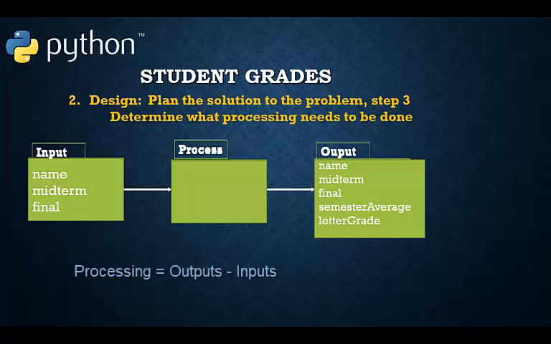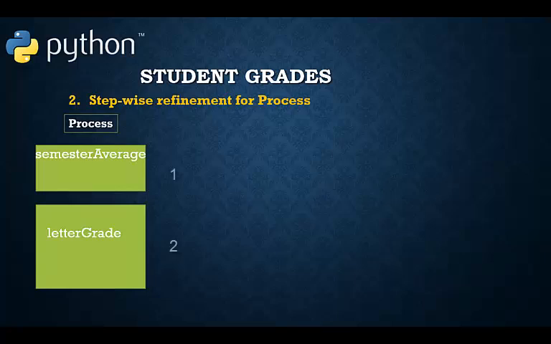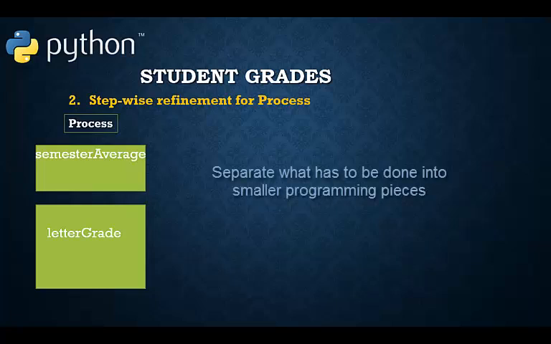Now we can subtract the inputs provided from the outputs we need to report. This will help us determine what processing needs to be done. Since this requires two steps, let's use a process called stepwise refinement to individually consider these two outputs we need to produce.